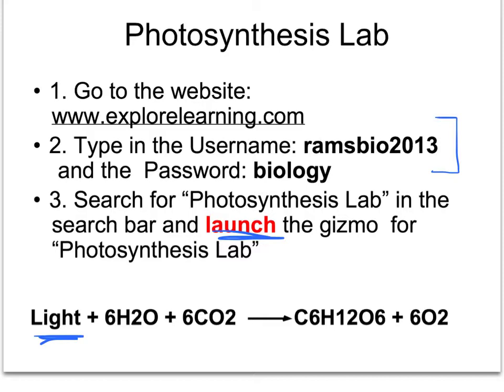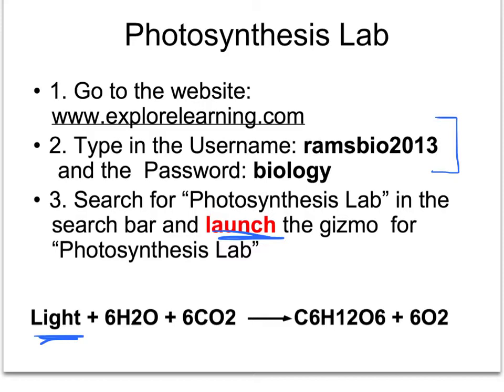A great example of this would be in the rainforest, where we have trees up in the canopy that are exposed to a lot of light, but then there are trees lower on the forest floor, in the understory layer, where a lot of that light is blocked out, so they're not getting as much light. So the light intensity would be different.